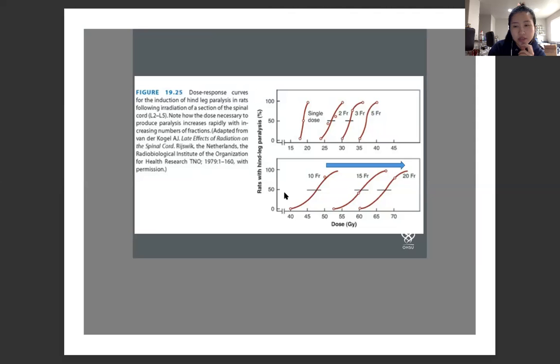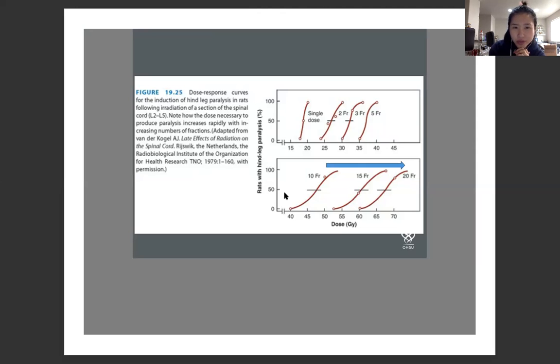Another figure. I'm telling you, this class is the figure class because we learn stuff via figures and charts, and you gotta be able to tell each and every single one of those curves, what they represent, and the relationship between them. So hang on there.